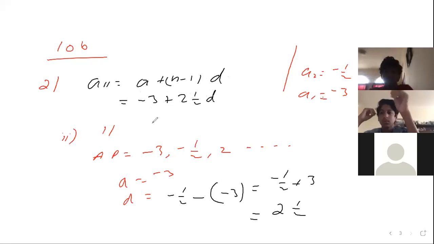Okay, 11 is correct. 10, 11, that means 10D, 10 into 2.5. Sometimes you can do it like this because 10 is there. That means 25 minus 3. Minus 3 plus 10 into 2.5 means 25. That is 22. The answer is 22.